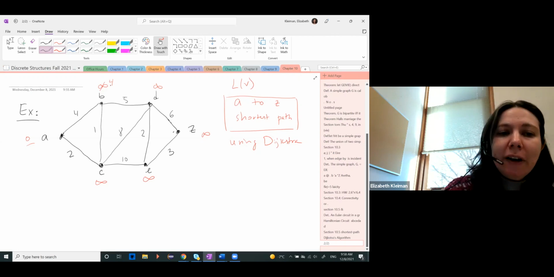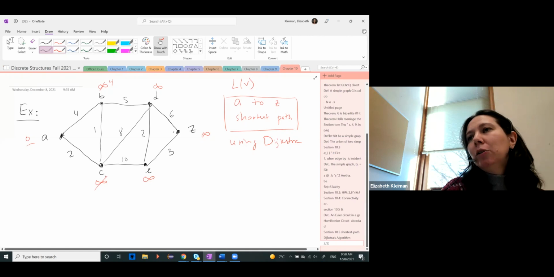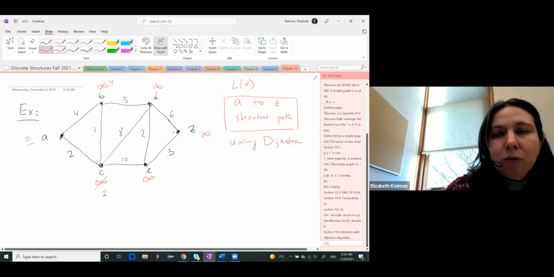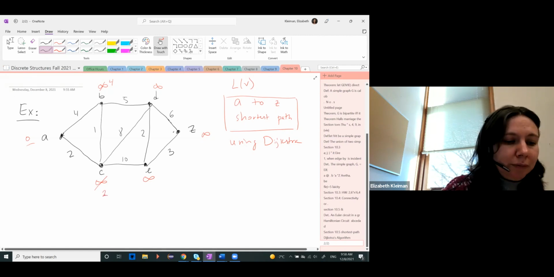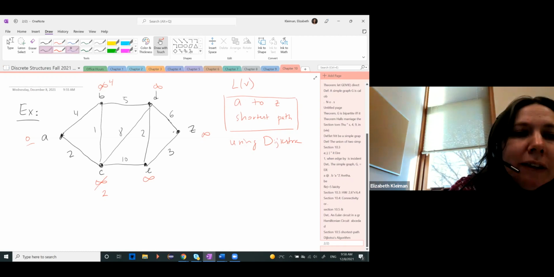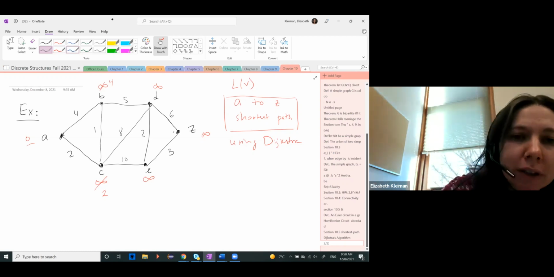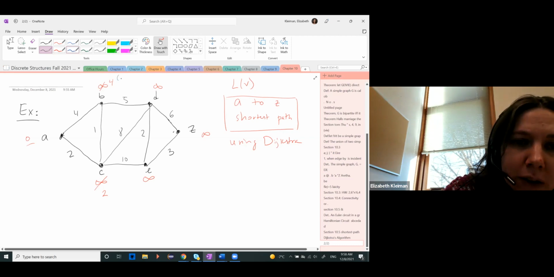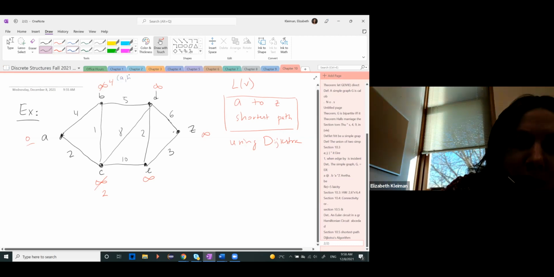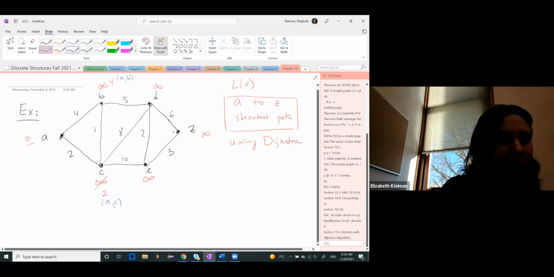I have another edge from A to C, and this one is going to be 2. I can even remember how I got these numbers. To get 4, I used A, B. And to get this one, I used A, C. Correct?